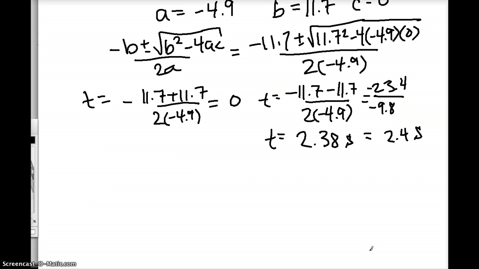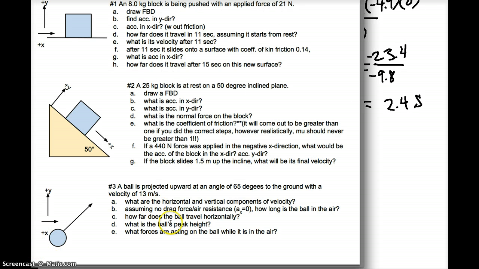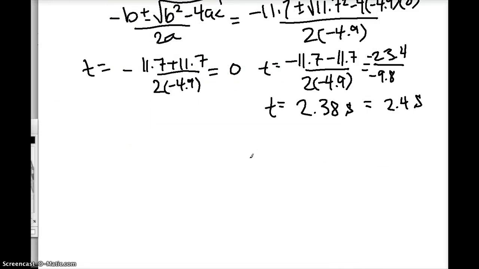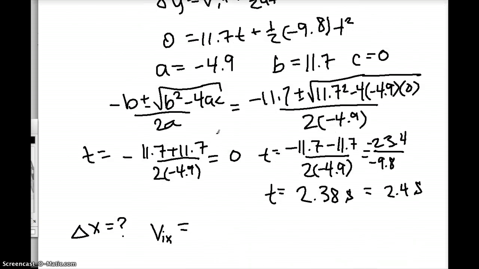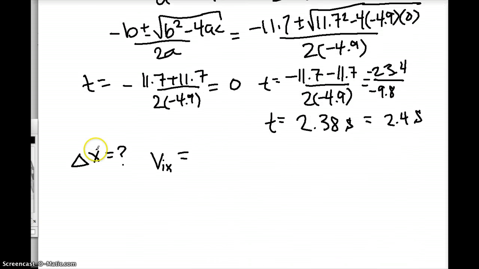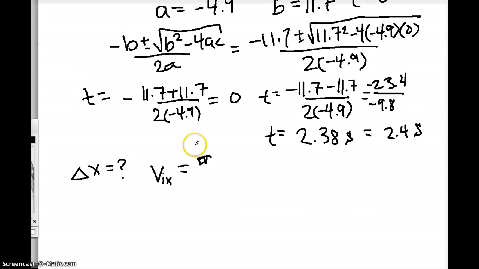Okay, next part. How far does the ball travel horizontally? So I'm looking for delta x, and anytime I'm going to use a kinematic equation, I have to make sure that I'm using the initial velocity in the x direction, and we found that in the first part to be 5.49 meters per second.